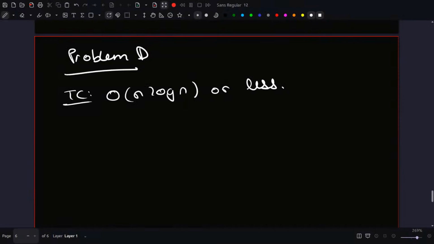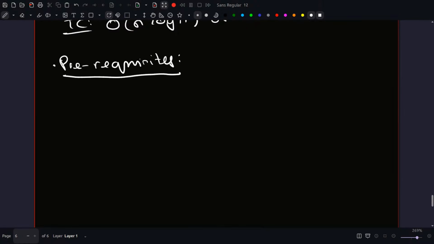But here are some prerequisites you need to know because I will not be explaining them right now. The prerequisite for this question, or at least my way of solving it, is to understand prefix sums, which most of you will know, so I won't go over that. But you need to know segment trees, and lazy updates in segment trees.